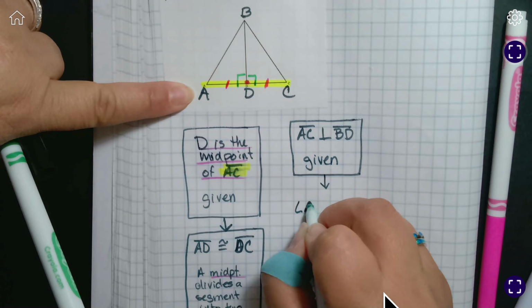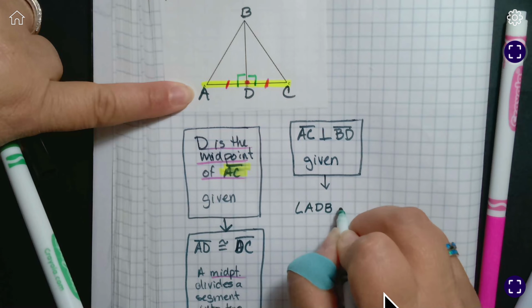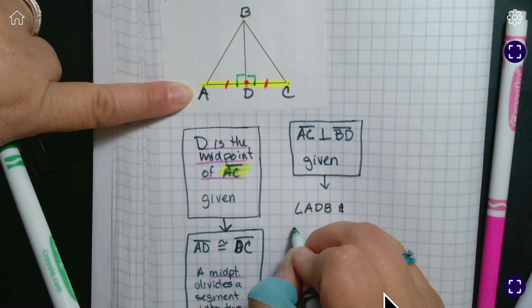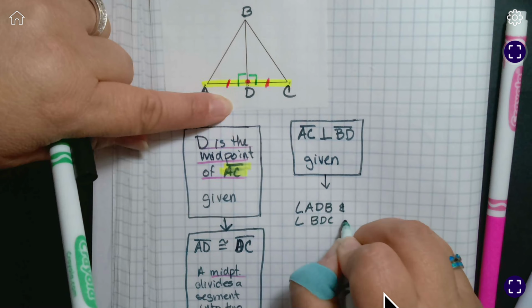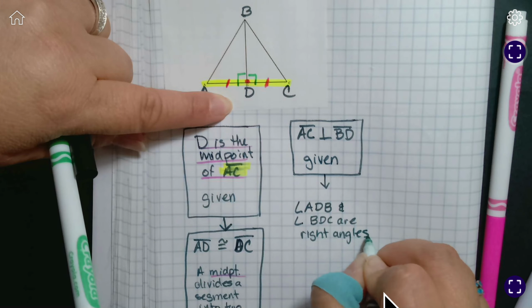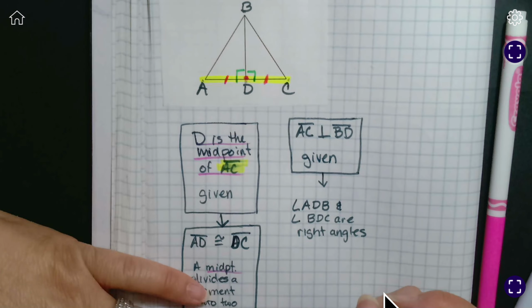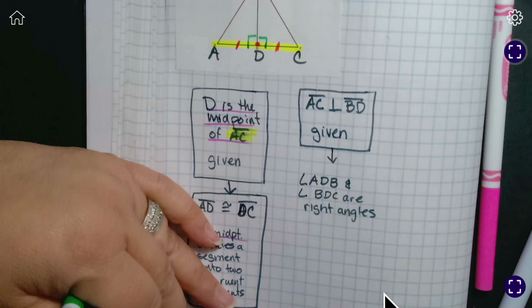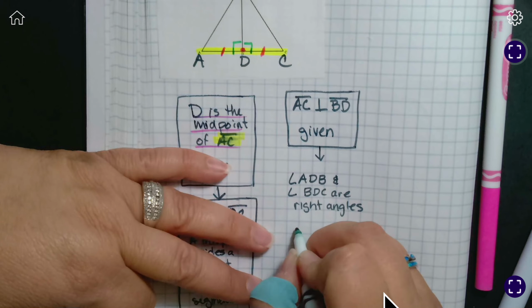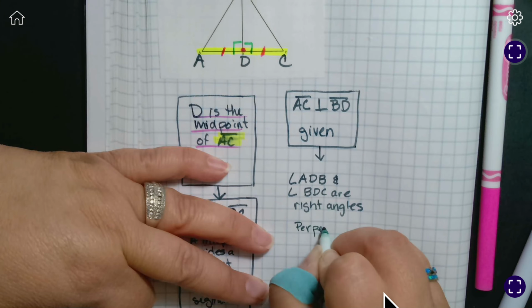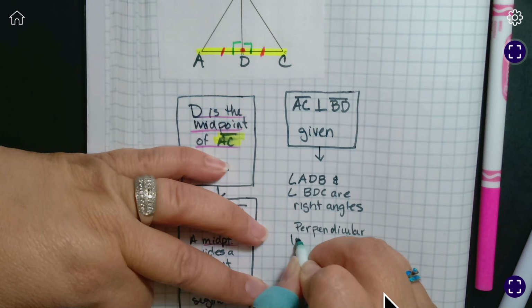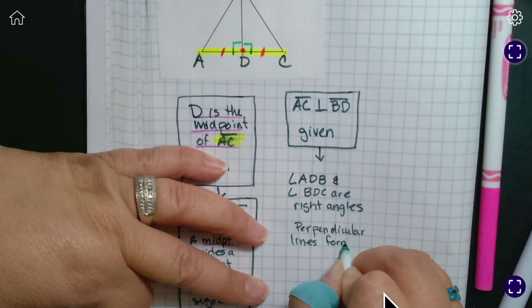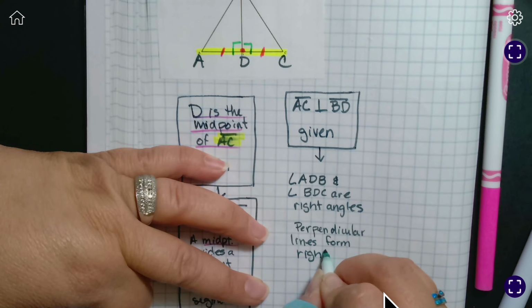Angle ADB and angle BDC are right angles. And what is my reason? Because perpendicular lines form right angles.